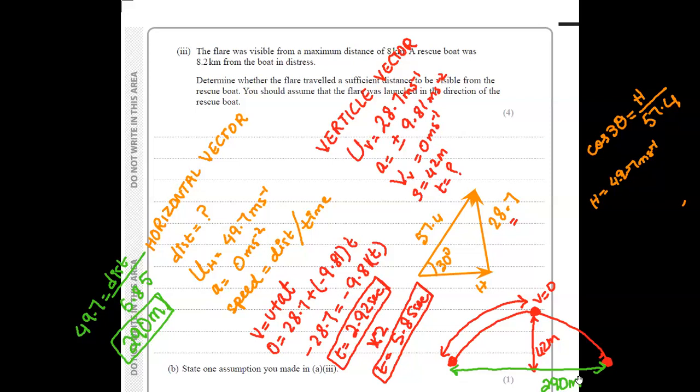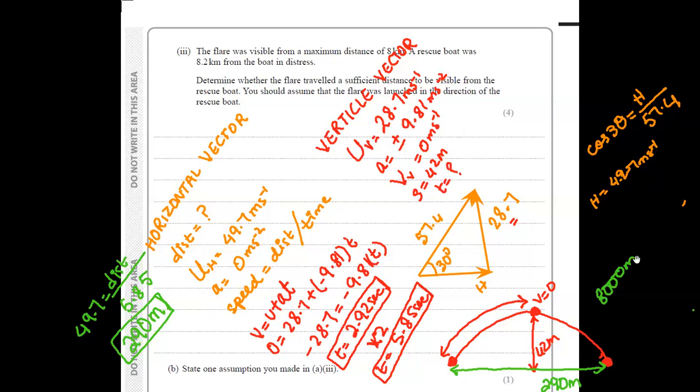So we get our answer of, so this is 8 kilometers, right? 8 kilometers means that it is 8,000 meters.